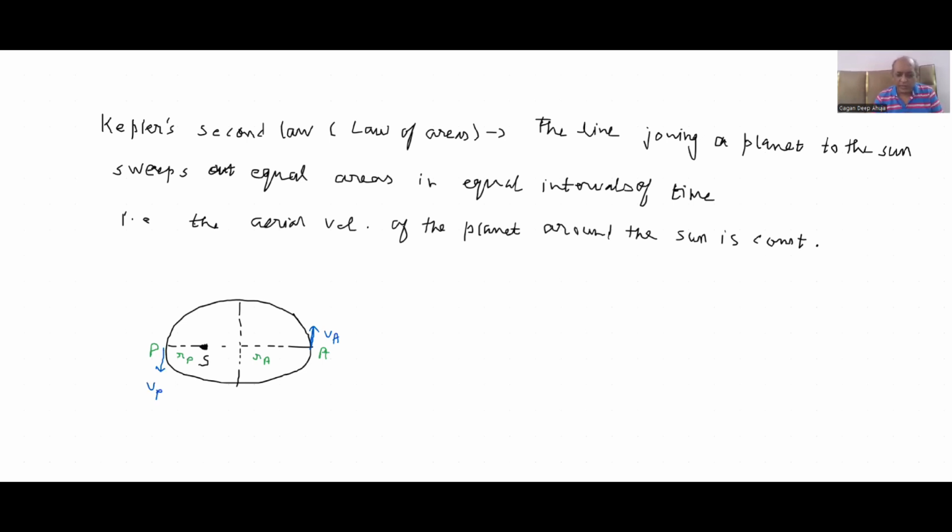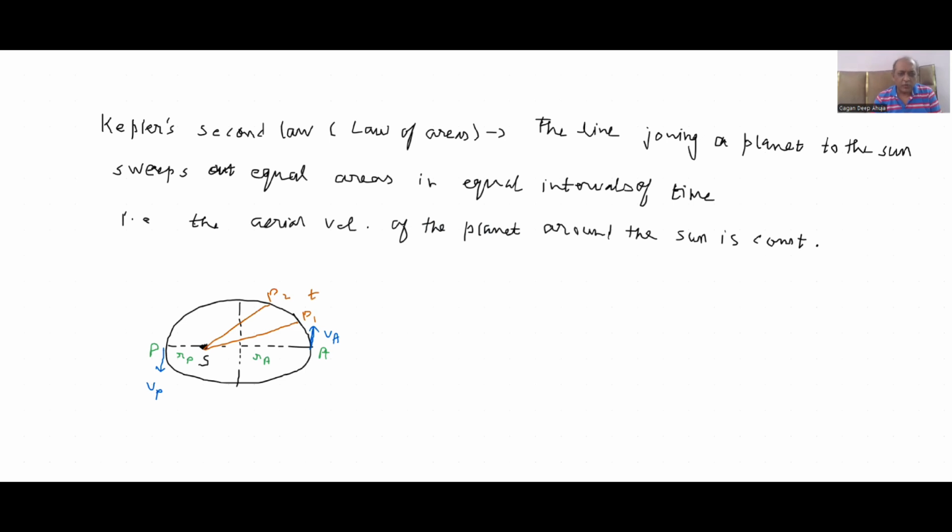Now suppose the sun is present, and the planet is present at position P1. Let me mark the position P1. The planet moves from position P1 to position P2 in time t seconds.